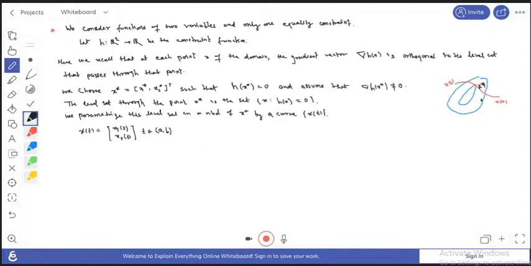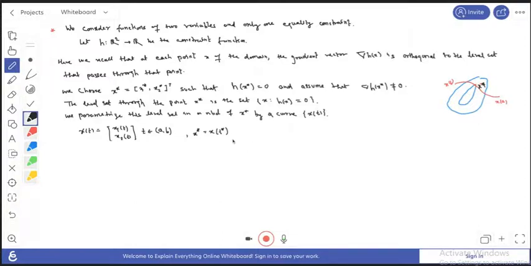This represents a curve x of t. Now what is the value of x star? This x star is the same as x at a particular value, t star: t equals a gives that point, t equals b gives that point, and at t star you find x star.